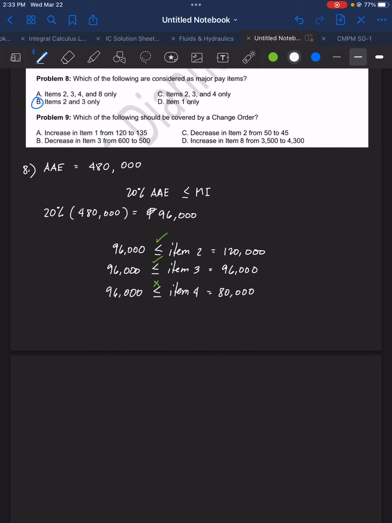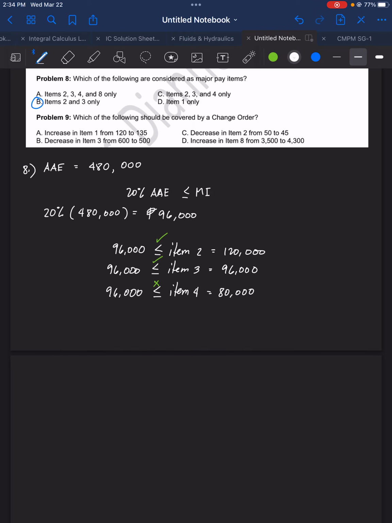In the bidding process, you just present your estimates. During actual construction, there will be variations between the estimated value and the actual value. The question here is, if that happens, which of the following items or conditions should be granted, among these choices, in problem number 9.